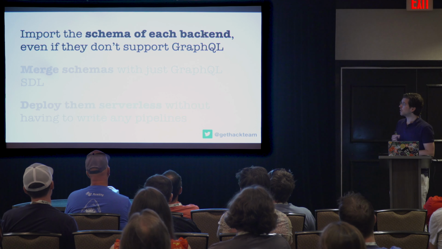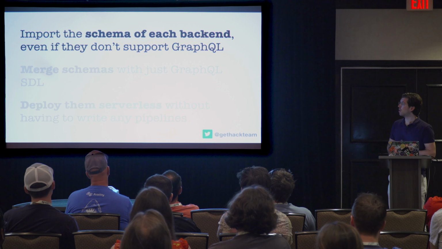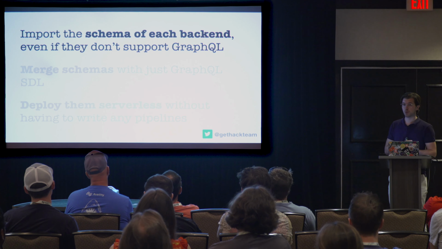So what you can do is import the schema of every backend, even if they don't support GraphQL, which is a nice feature. We saw before that federation with Apollo only works if the underlying services are also using Apollo. And with schema stitching, it only works if all the underlying services are built in GraphQL.